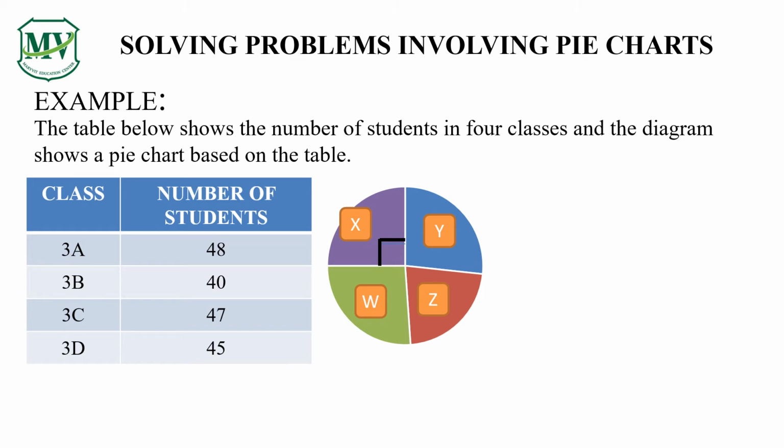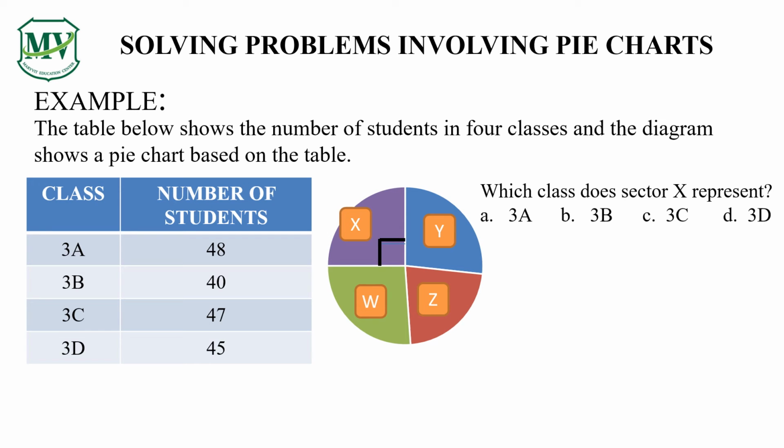The table below shows the number of students in 4 classes, and the diagram shows a pie chart based on the table. Question: which class does sector X represent? As you can see in our pie chart, that symbol represents 90 degrees.